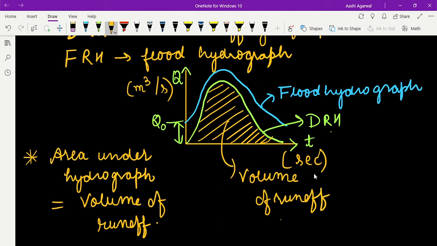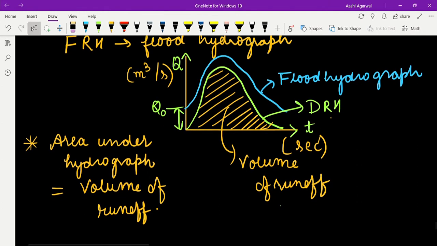I hope this is fine. Another most important point that we can note is about the ordinates. These are the y values, these are the x values. Suppose the duration itself is the same, suppose both of them are ending at the same point. What you can see here is that the ordinates of the flood hydrograph are higher as compared to the ordinates of DRH.